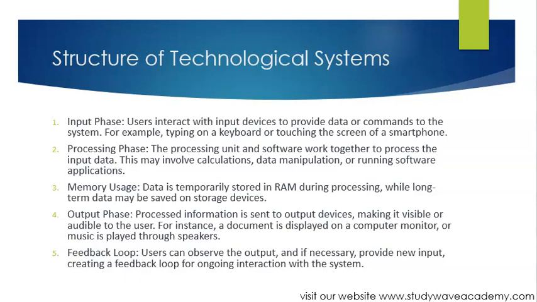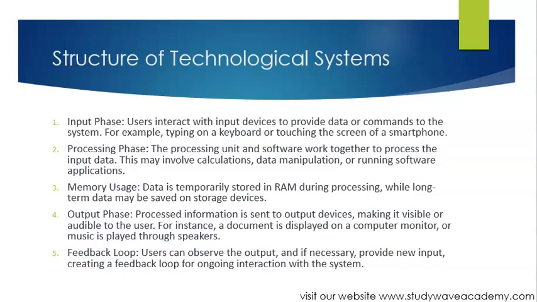So the structure of a technological system involves these components working together in a coordinated manner. Input devices collect data and the processing unit processes it, software directs the operation, and the output devices present the result to the user. So we are going to be looking at that, okay?